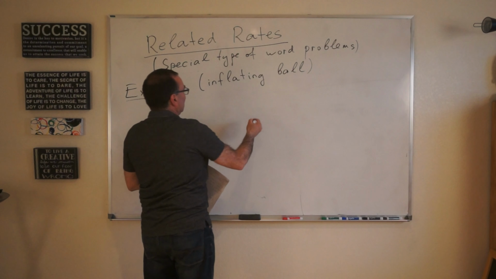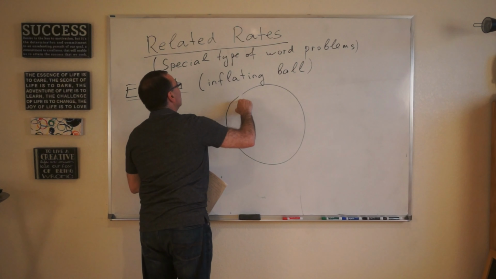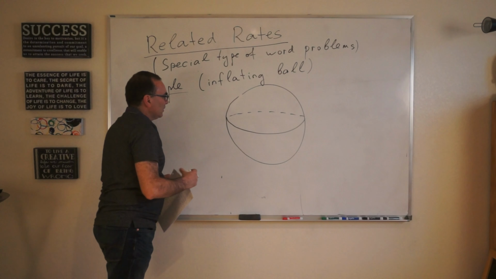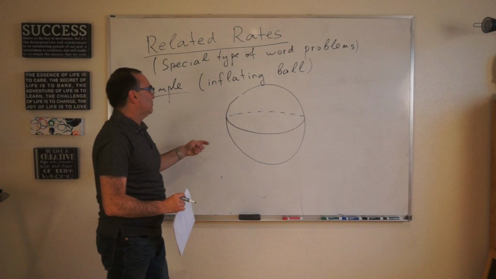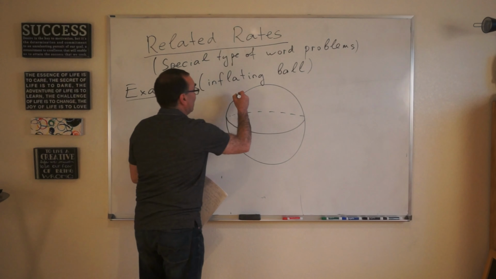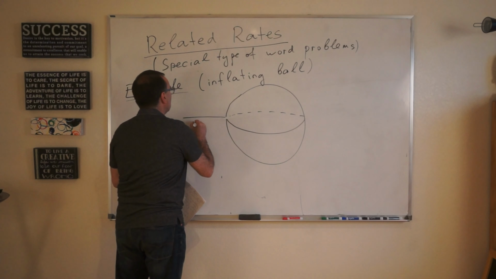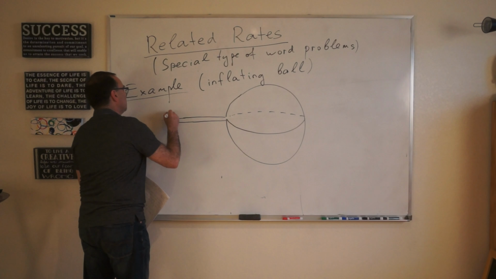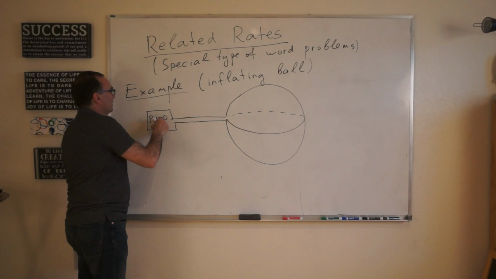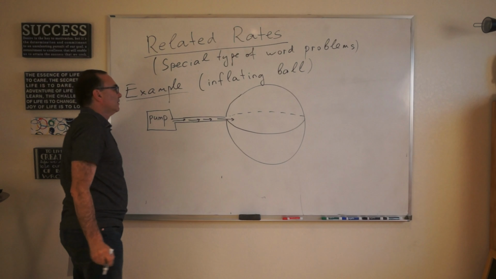Here is the description. There is a certain ball, let's say made of rubber or some elastic material, and this ball is filled with some liquid. For physical reasons, I want to assume that it is filled with liquid and not with gas. Now there is some pipe connected to this ball, and this pipe is also connected to some pump. And this pump is pumping more liquid, let's say water or something, inside this ball.